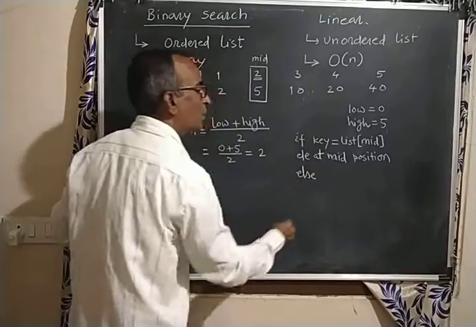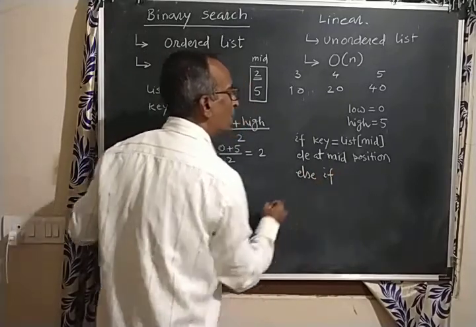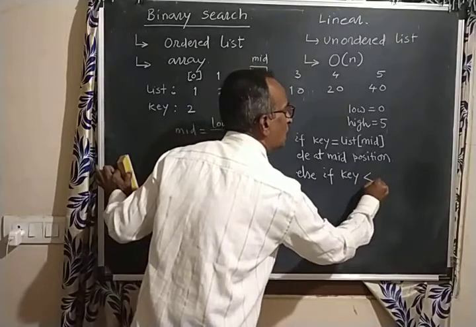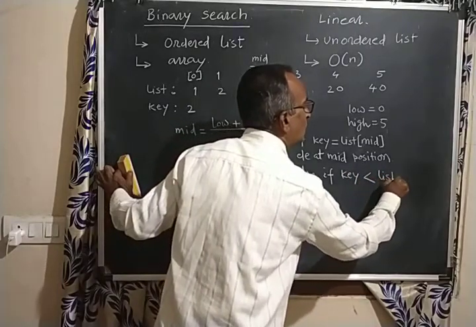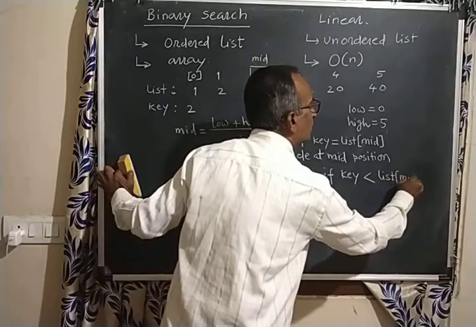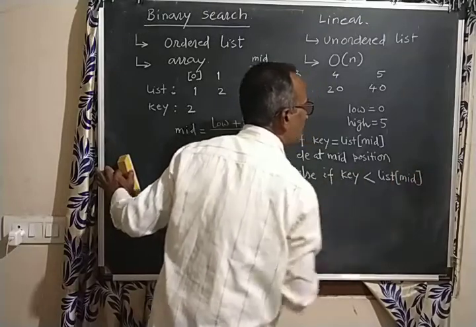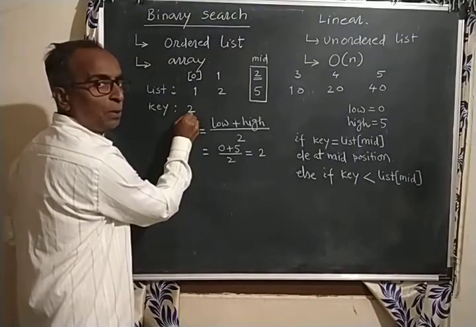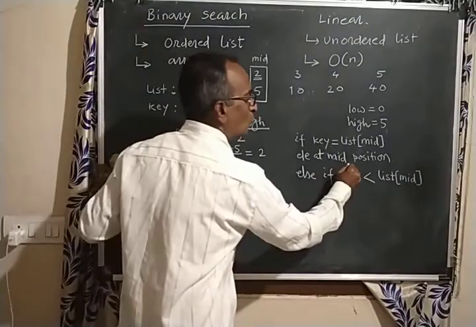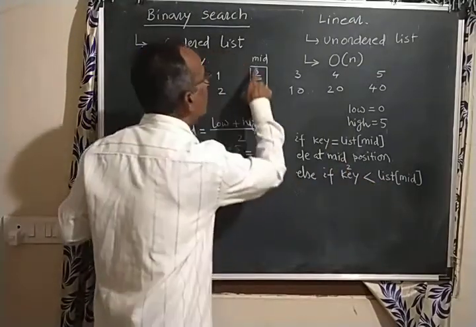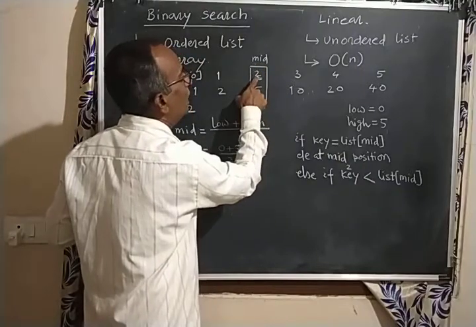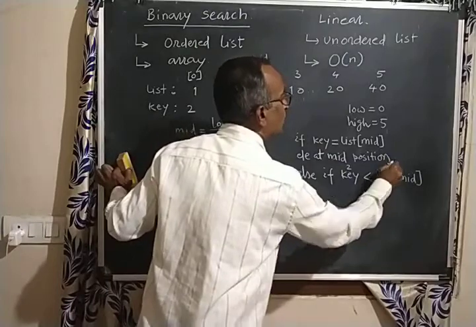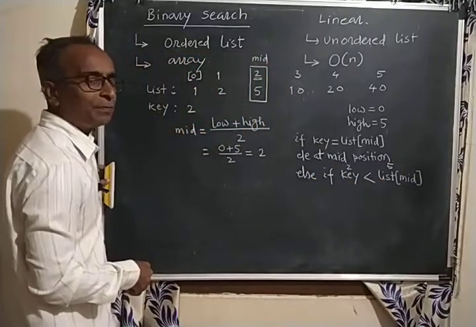Else if the key element you are searching is less than list of mid. Now what? The key element to be searched is 2. List of mid, mid is 2, list of 2 value is 5. This is 5. The condition holds.